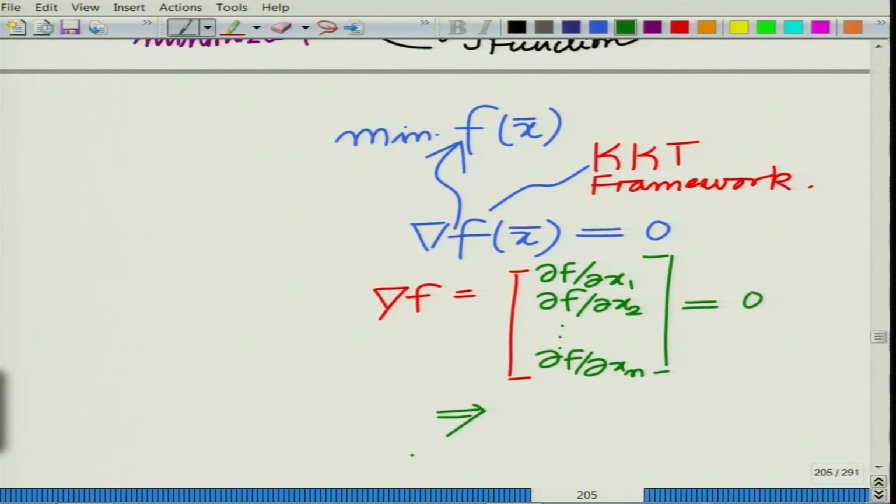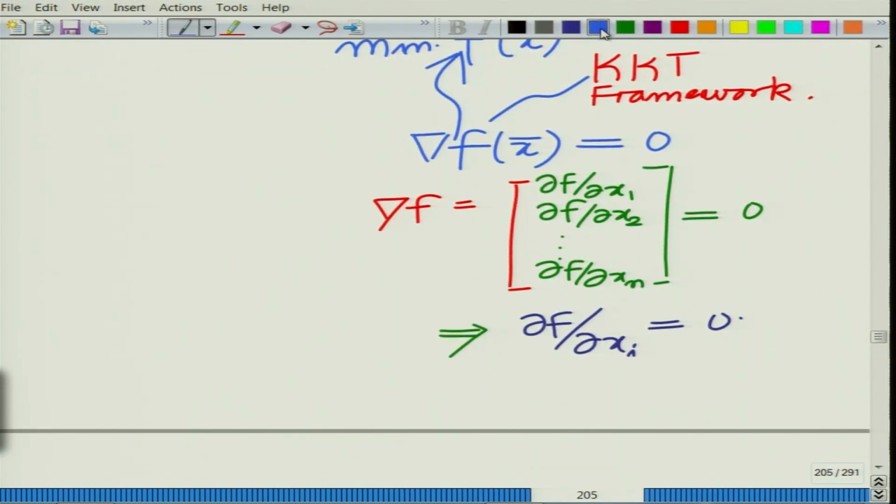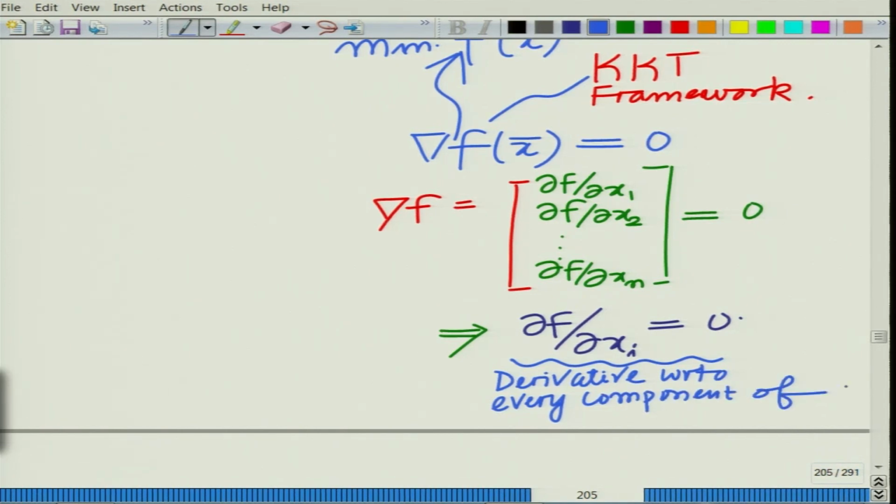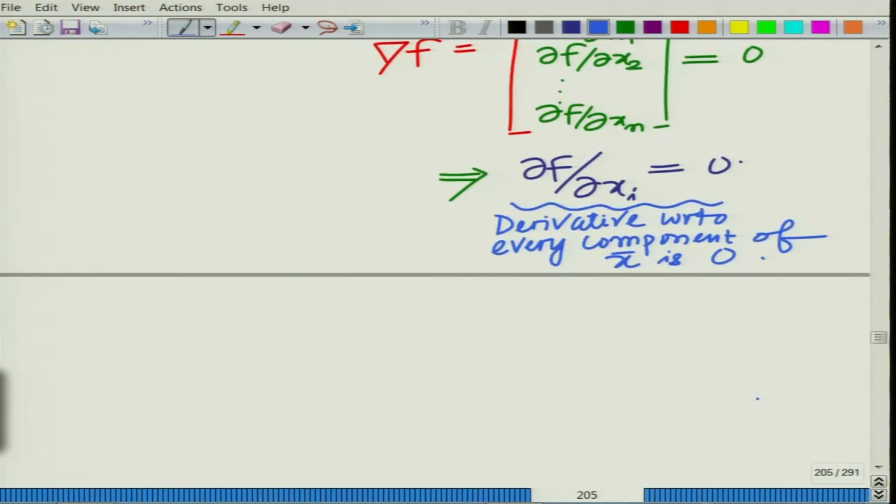That is, the derivative at the optimum point with respect to every component of x bar is equal to 0.